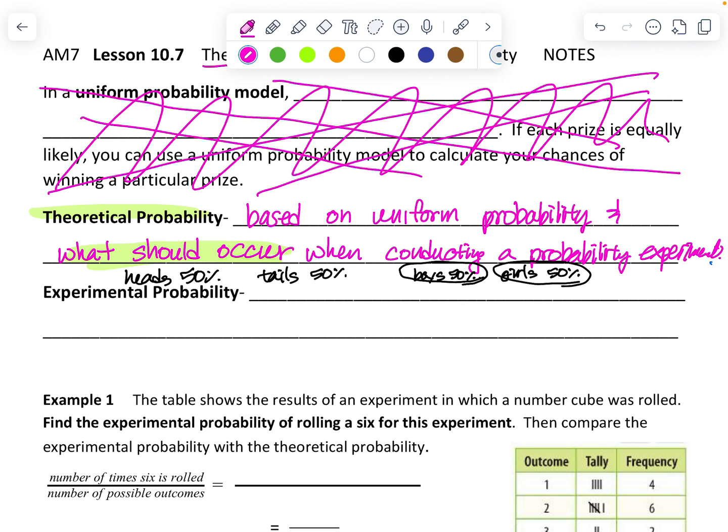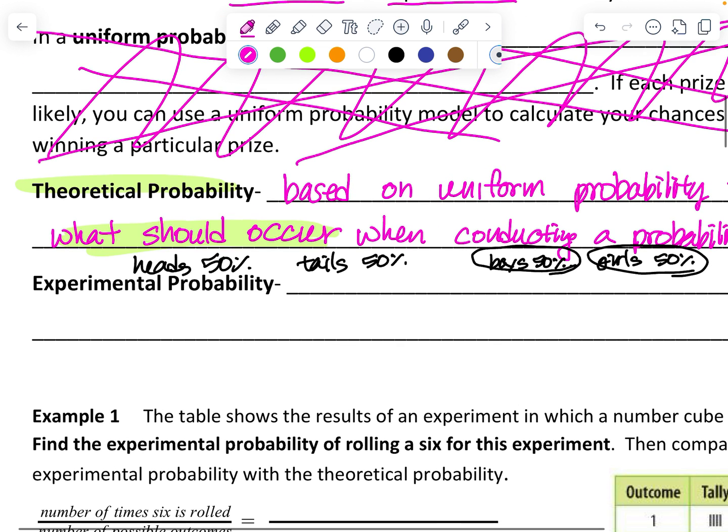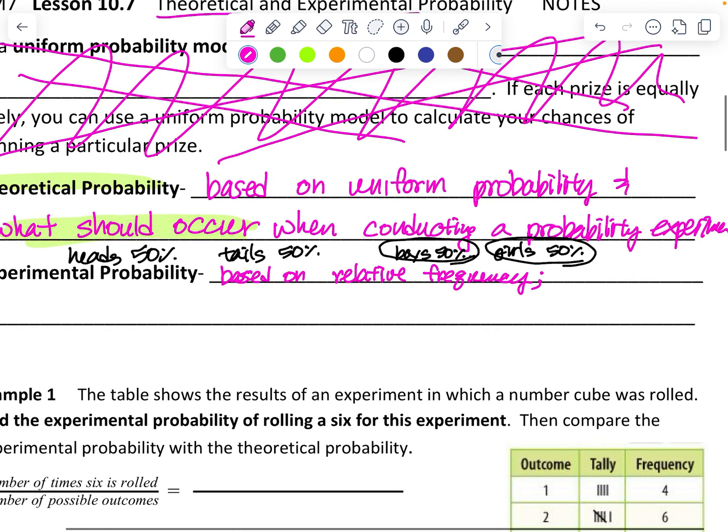So experimental probability can be a little bit different. Experimental probability is based on relative frequency. Meaning if you have only 2 babies, the chances of you getting 1 boy and 1 girl is not going to be 50% and 50%, whereas if you have enough babies, eventually it'll be more likely to be 50% and 50%.